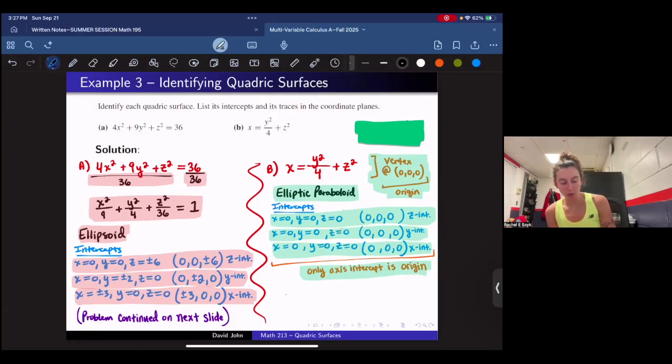And then I'll write down here our whole general form of an elliptic paraboloid based off of these variables.